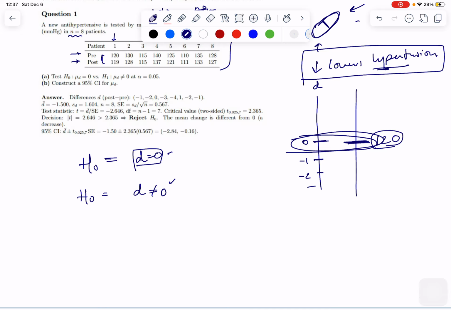You don't have to write it this way, it's more complicated. You can just write that this medication has no effect in lowering the hypertension. The alternative would be that this medication has an effect in lowering the hypertension.